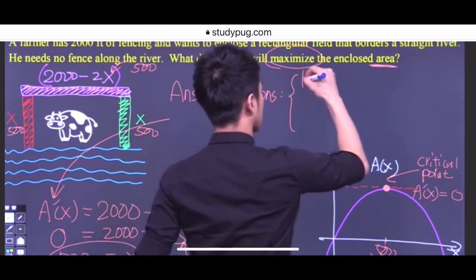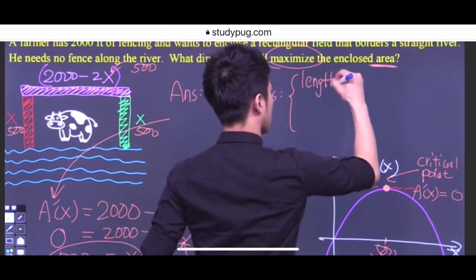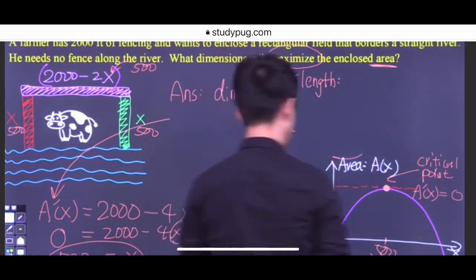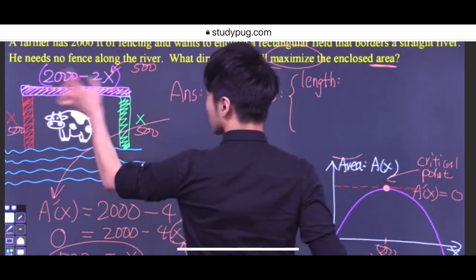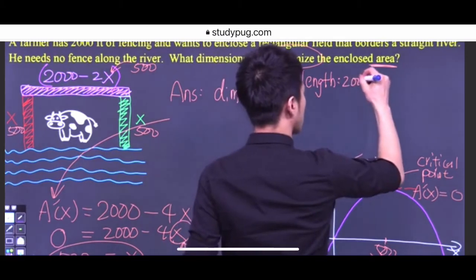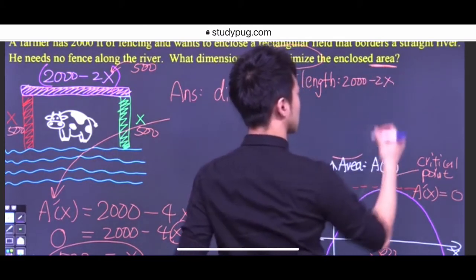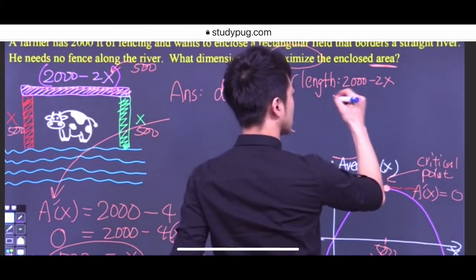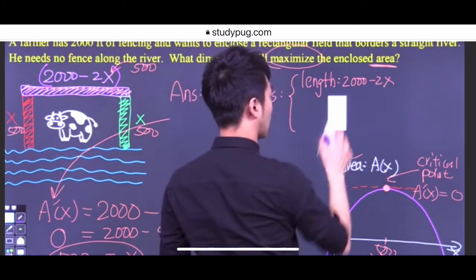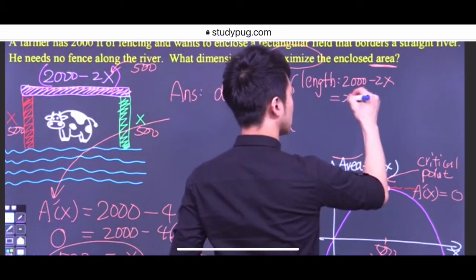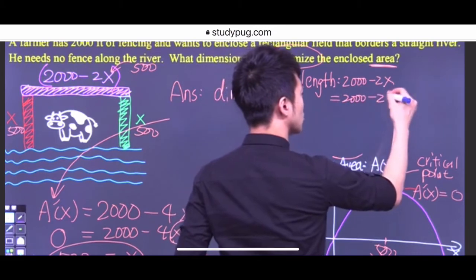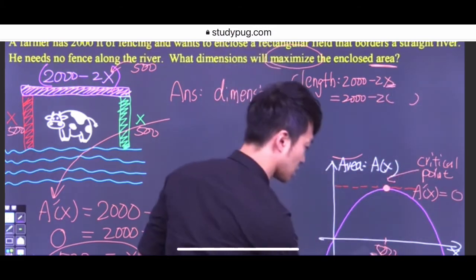Well, the length, in this case, is defined as 2000 minus 2x, right? So our length must be what? 2000 minus 2x, where x is 500.